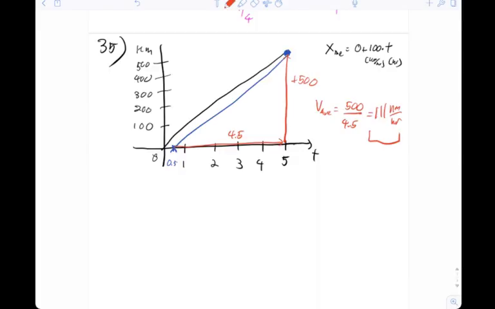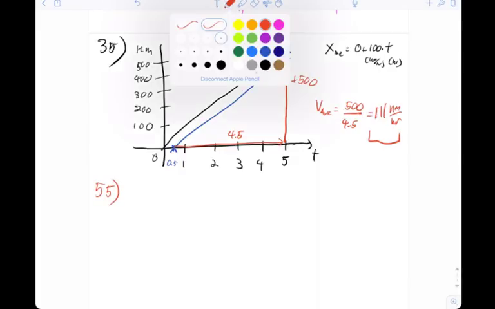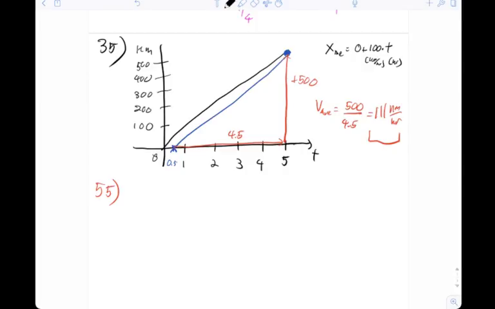Okay, so now it's question 55. How do we do question 55? Question 55 goes, a bug on a windowsill walks 10 millimeters per second from left to right for 120 millimeters, slows to a lower speed in millimeters per second, and continues to the right for another 3 seconds, stops for 4 seconds, then walks back to its starting position at 8 millimeters per second.